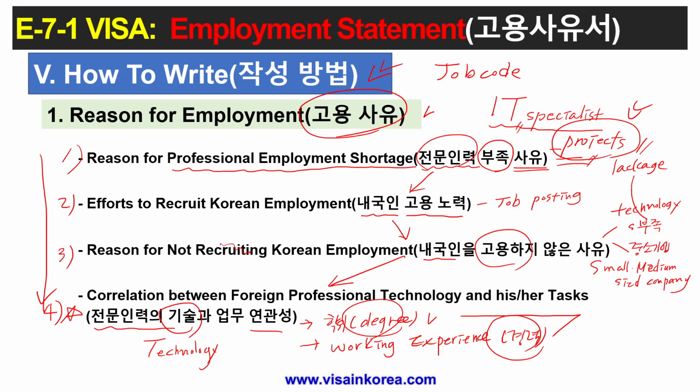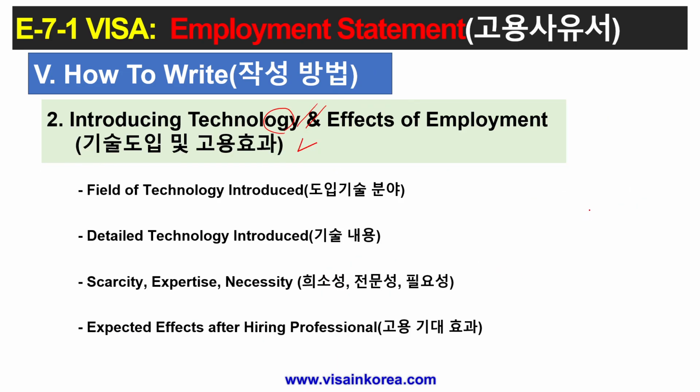And it's also very matching with our project that we needed to proceed. So you can explain the correlation between the foreign expert and the projects. So that's why your company finally decided to hire you.